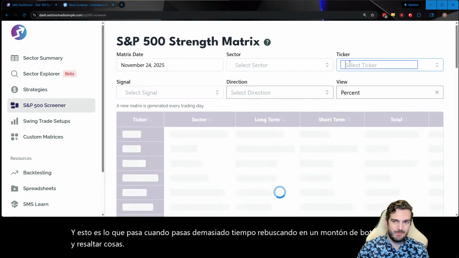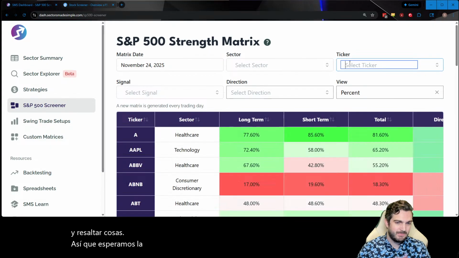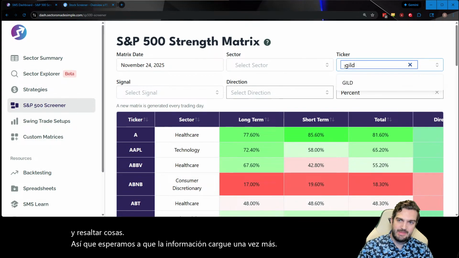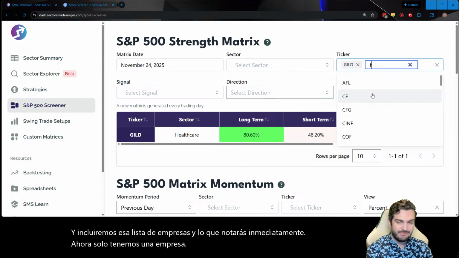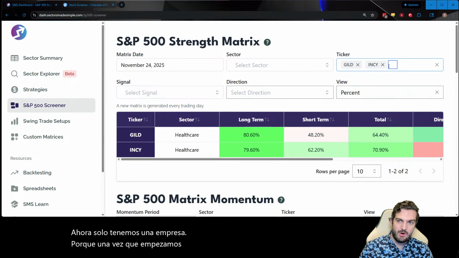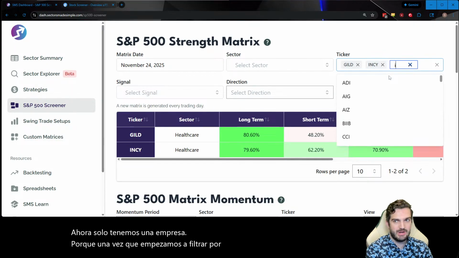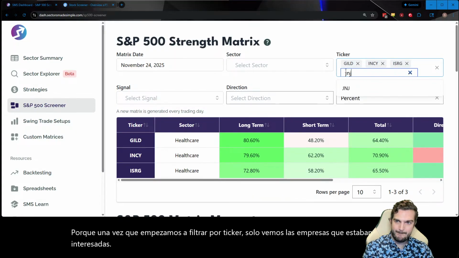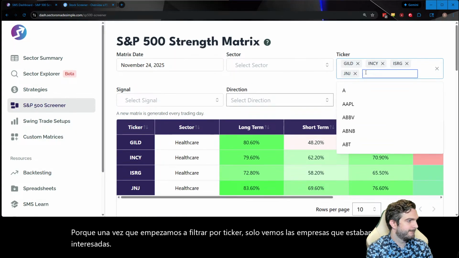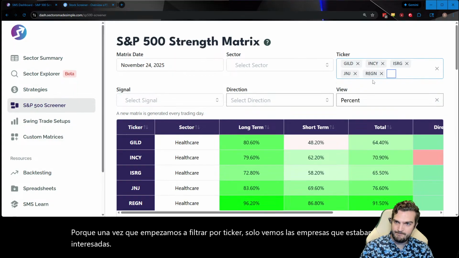So we wait for the information to load one more time, and we'll put in that list of companies. And what you'll immediately notice, we now only have one company. Because once we start to filter by ticker, we only see the companies that we're interested in. So here are those 6 companies.